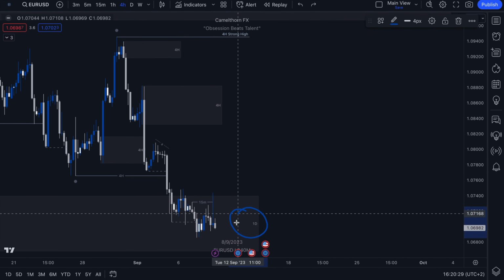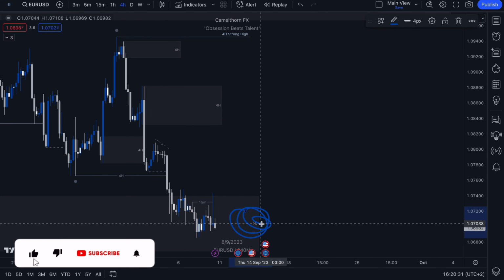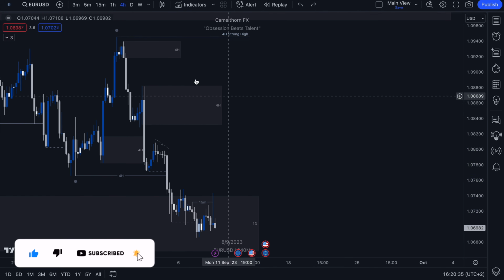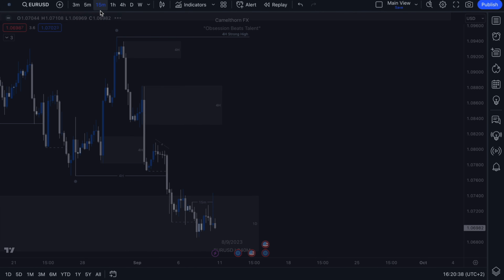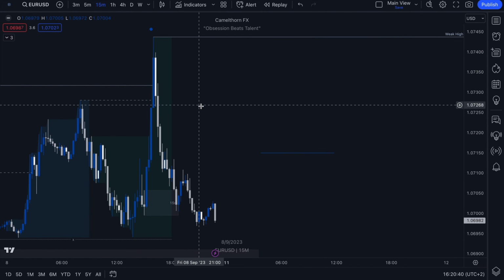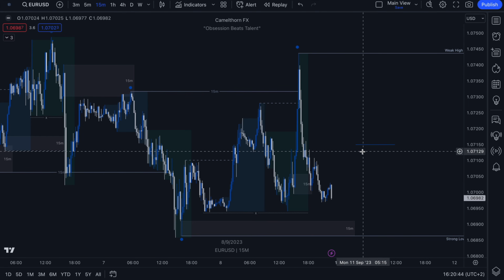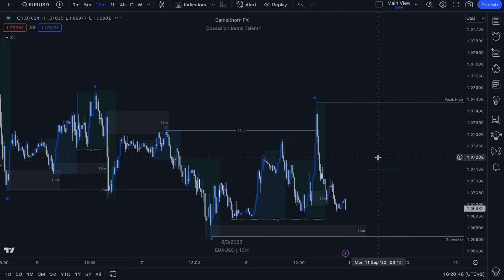However, the fact that we are trading within this daily demand zone down here means that we are anticipating that pullback. So like I said at the start of the video, this particular 15-minute analysis won't be relevant for that long, probably just a day or two.